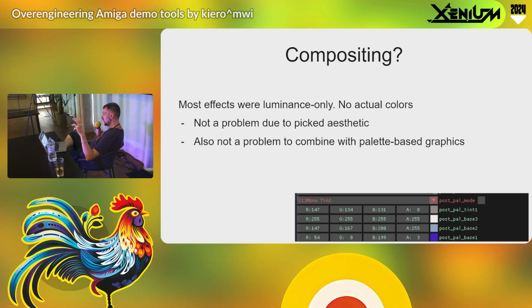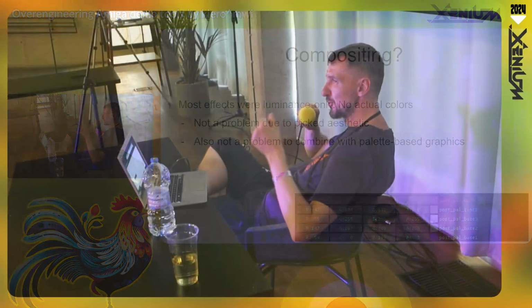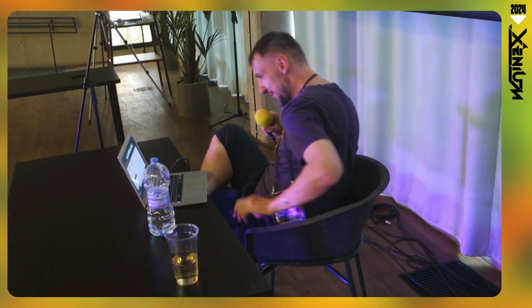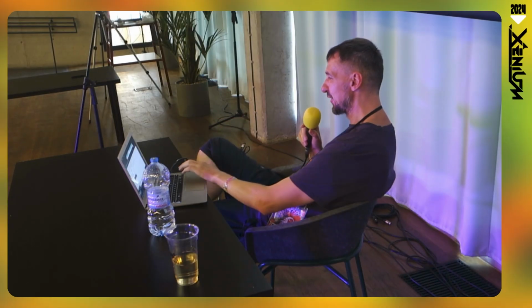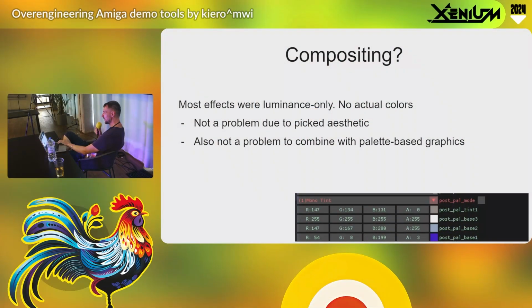So we actually built a UI to allow the artist to do it, but I was doing that in the end because the artists are lazy. So we had this very basic color scheme creation tool where you could build some gradients and tune them to the graphics that were being shown above it.